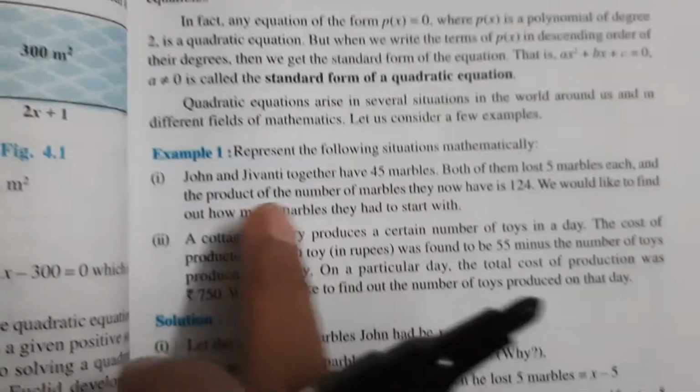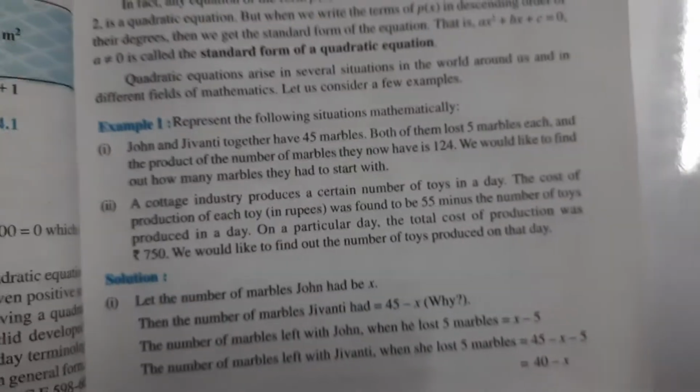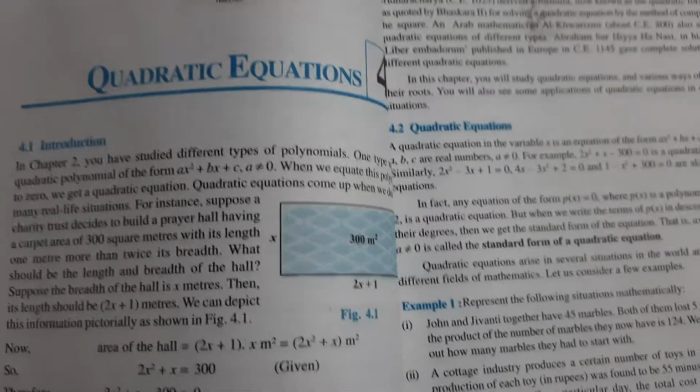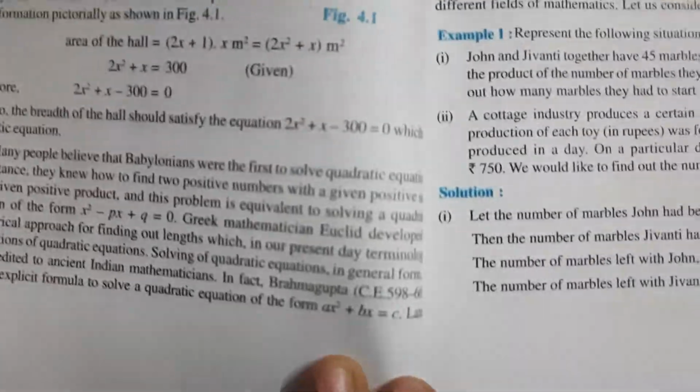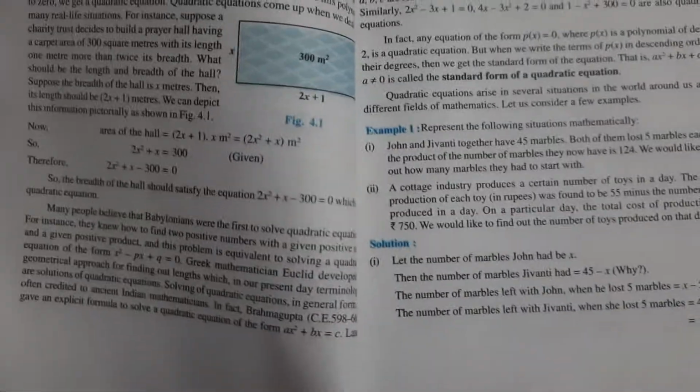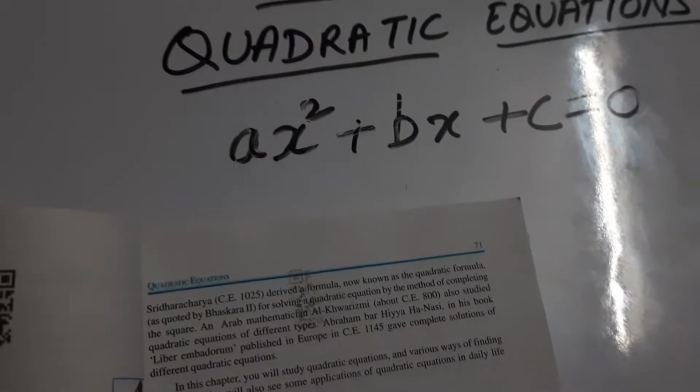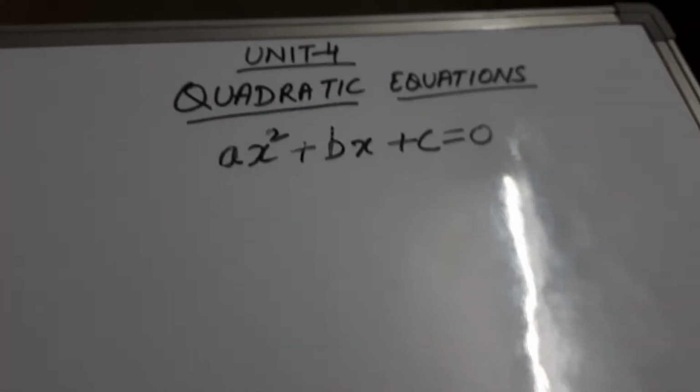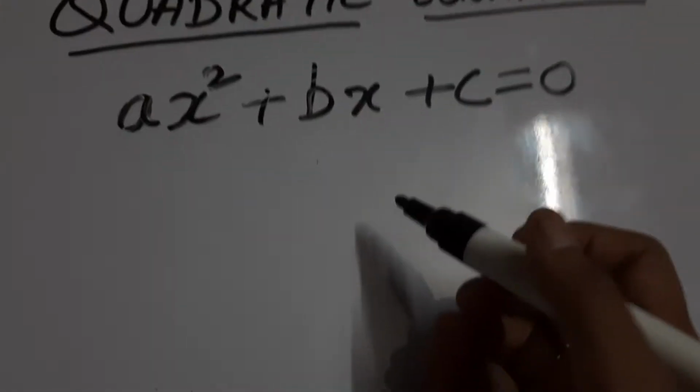In the case of 2 people carrying something, you can use these quadratic equations. So wherever you have to find 2 things, and the 2 things are in relation to each other, this chapter can be used. In this chapter, dear students, we will learn 3 methods to find the solution of a 2-degree equation known as a quadratic equation.